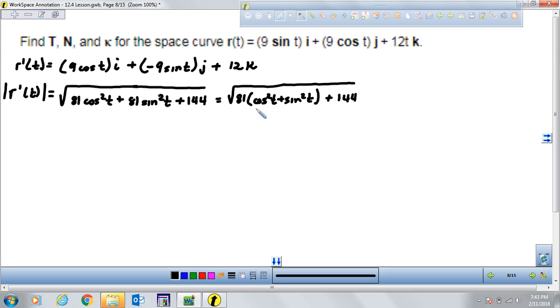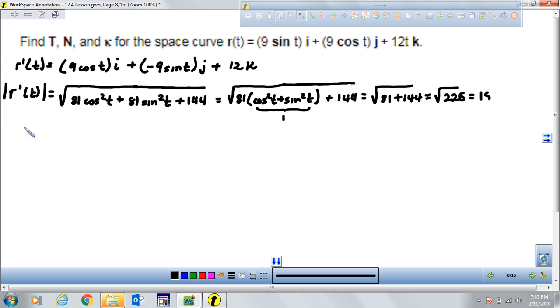I'm doing it because cosine square plus sine square equals 1, so that leaves me with 81 times 1, which is 81. So that is the same as the square root of 81 plus 144, and that would be 225, so it would be the square root of 225, and that would be 15.